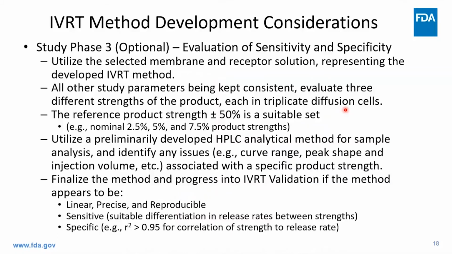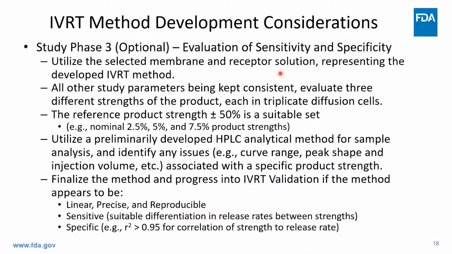Now, it's optional whether you do this in method development or not, but one of the things that is nice to do is to get an early read on whether you have, with the receptor solution you've selected and the membrane you've selected and the time points you've selected, a discriminating IVRT method that can provide the sensitivity, selectivity, and specificity you're going to need.